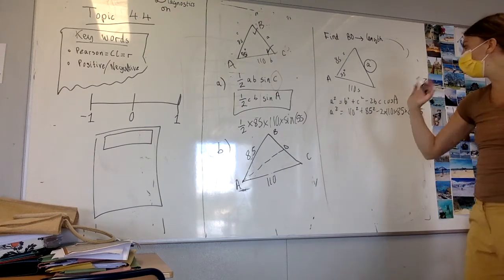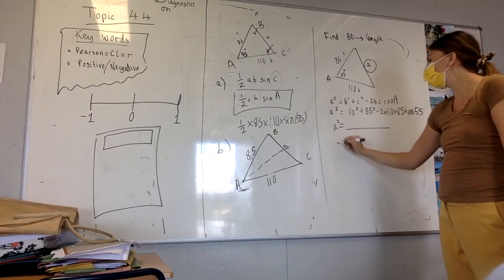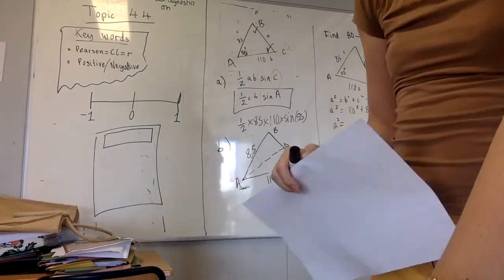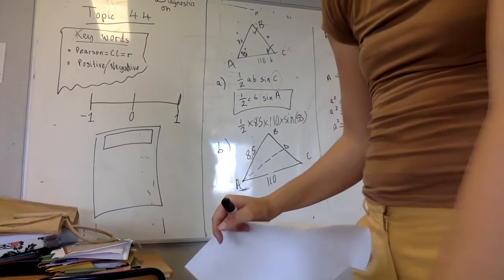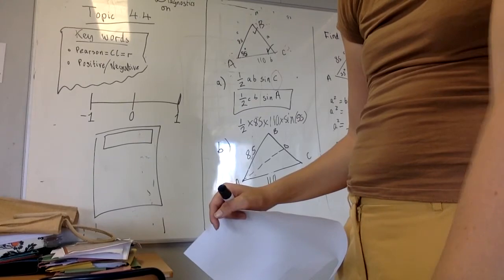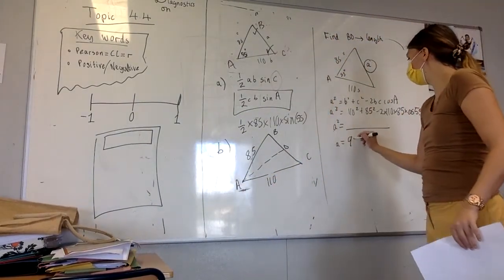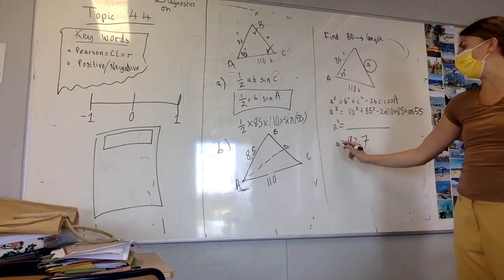Yes. Then you type that in your calculator, you get a nice long answer, and then last but not least, you need to then square root. Why are we square rooting? The reason is because this is a squared, and we want to get a on its own.